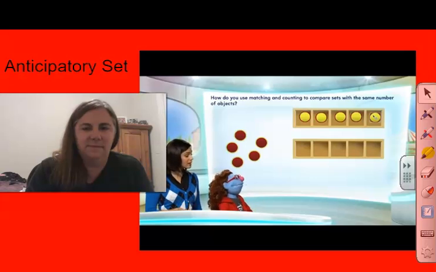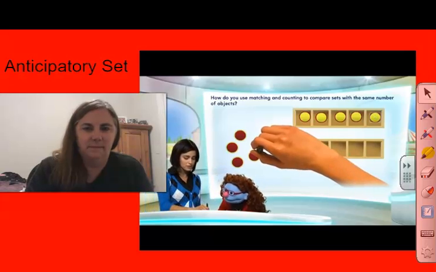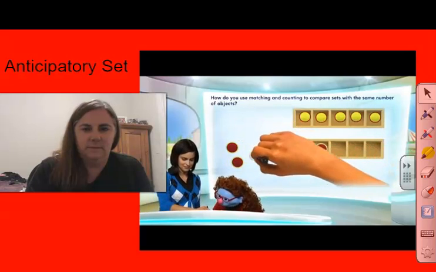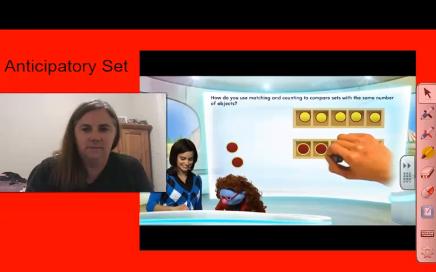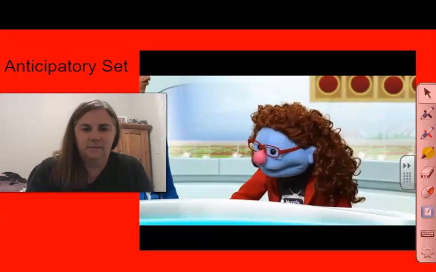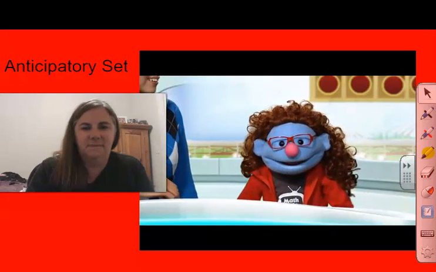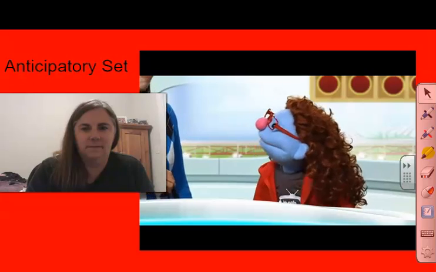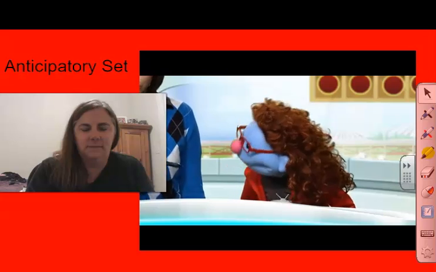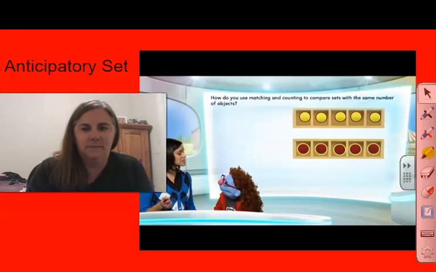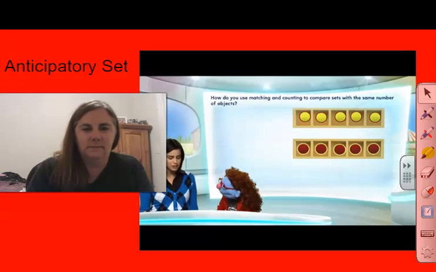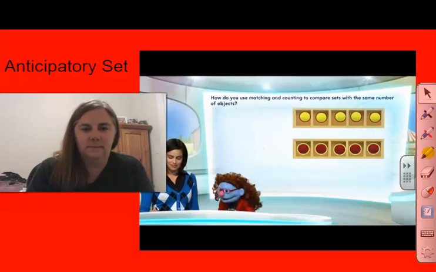That's correct. So let's go ahead and do the same thing for Joey's red counters. Okay. 1, 2, 3, 4, 5. So how many stars does Joey have? Joey has 5 stars too. Yes. So it helps to organize our counters. So now why don't we use lines to match up the counters in the first frame to the counters in the second frame just to check our work. Good idea.